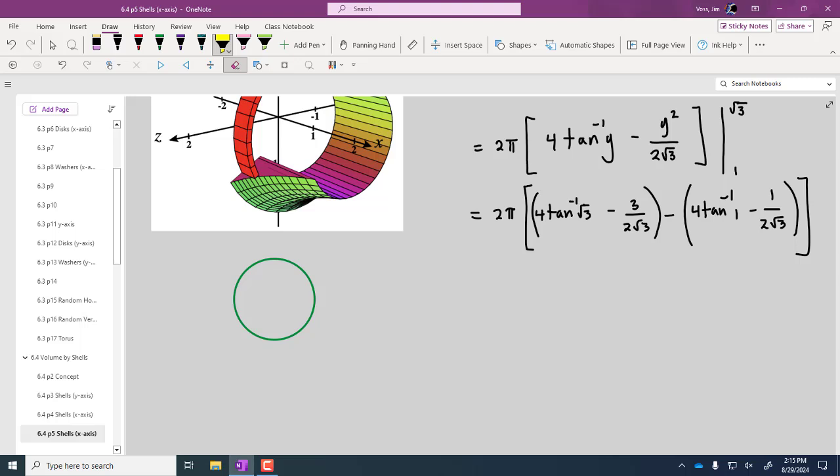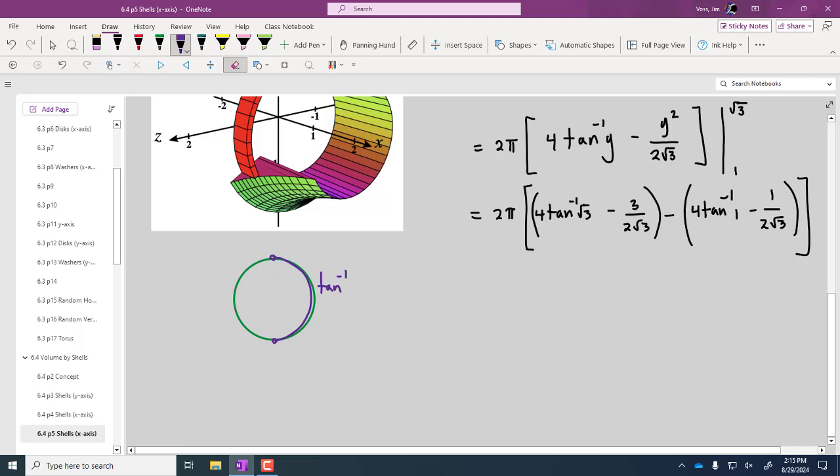Does anyone know which one it is? Right, the right half of the unit circle is where the inverse tangent is restricted to. It can't be negative pi over 2 or pi over 2 because tangent of those values is undefined. So arctan is always restricted to the right side of the unit circle.